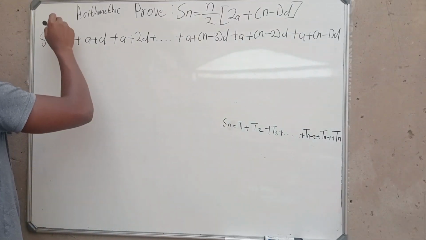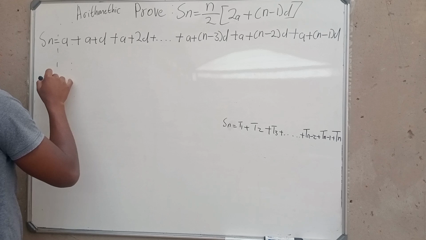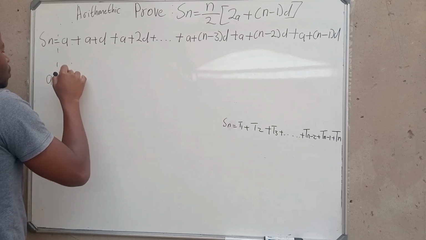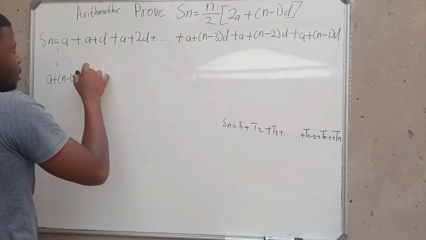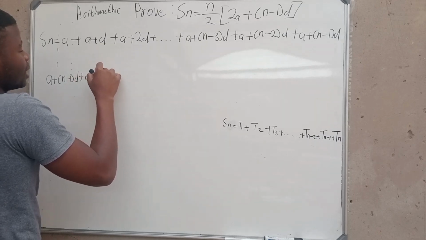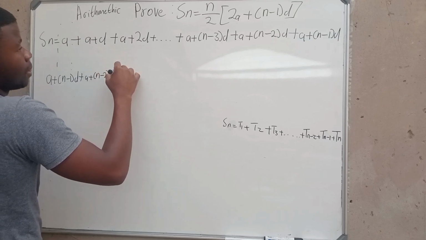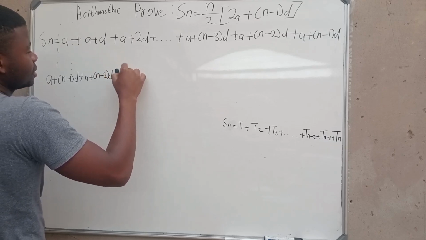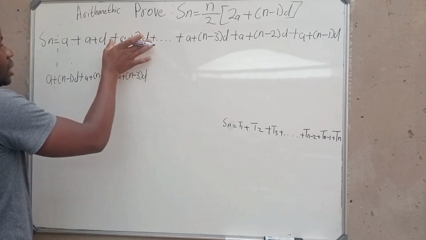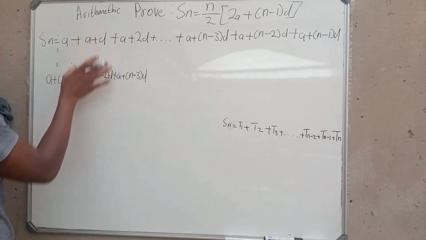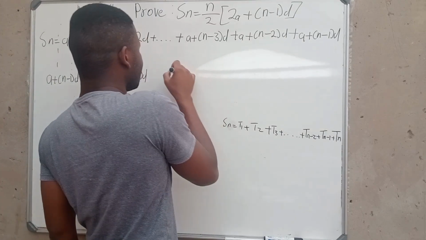And for this one, we'll say A plus n minus 1d plus A plus n minus 2d, and then plus A plus n minus 3d. So this goes along with this one, and this one goes along with that one.